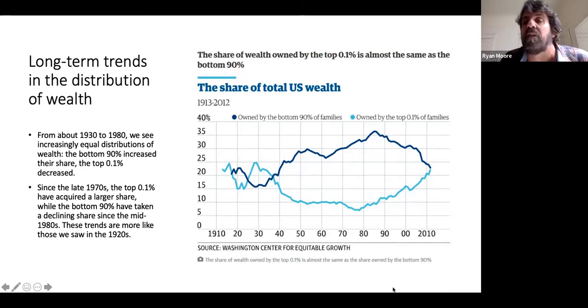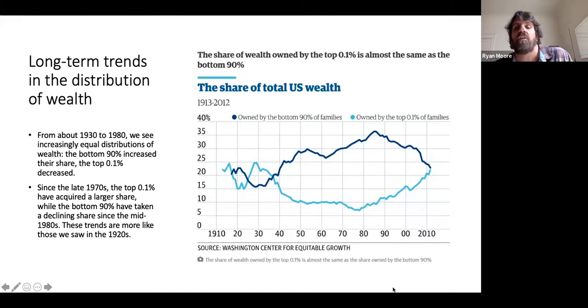So we're talking here basically about billionaires. And that light blue line was declining for a long time, between the late 1920s and the early 80s or late 70s, and then that light blue line of the super wealthy has increased dramatically since about 1980.